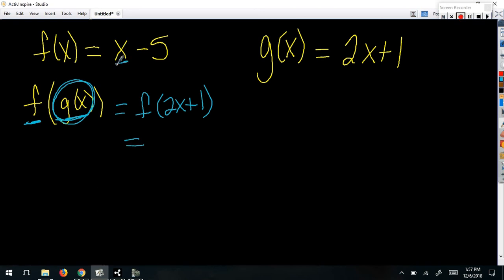I'm replacing this x, so it's not x anymore, it's 2x plus 1 minus 5. What's 1 and negative 5? Does that make sense?